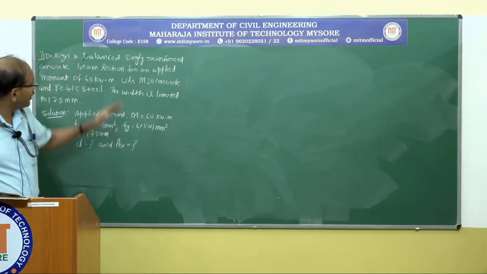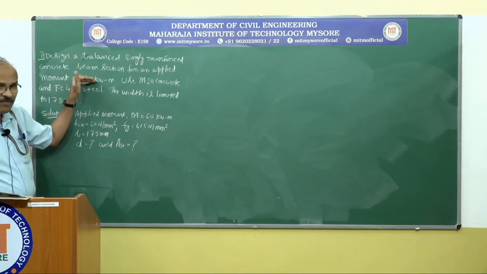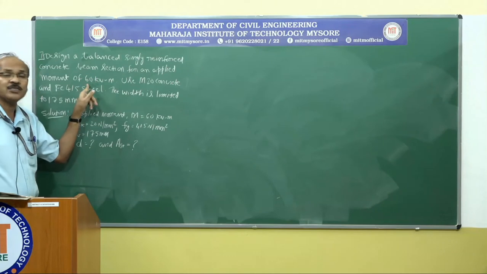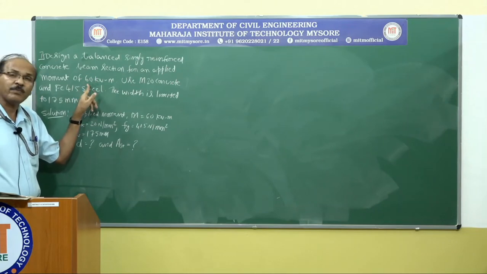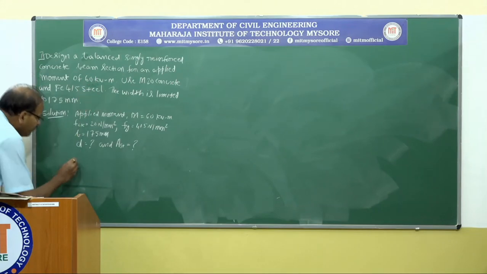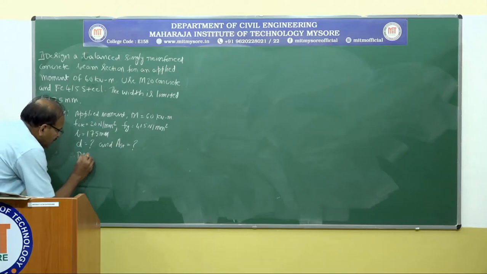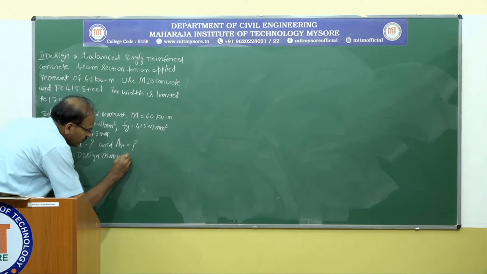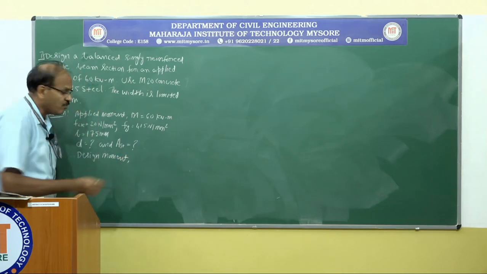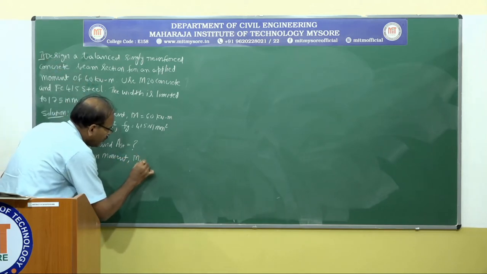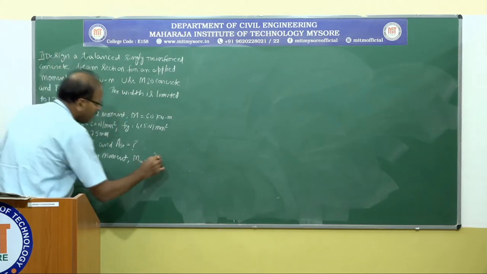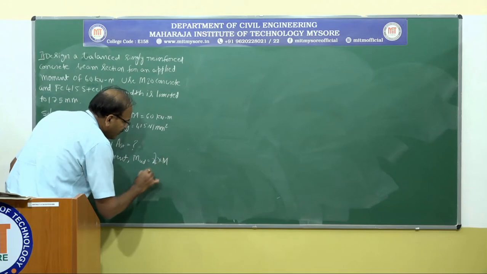Okay, so here for this moment, to arrive at the design moment, I am going to multiply this value by 1.5. Therefore, design moment or ultimate moment or factored moment Mu equal to gamma f multiplied by M value.